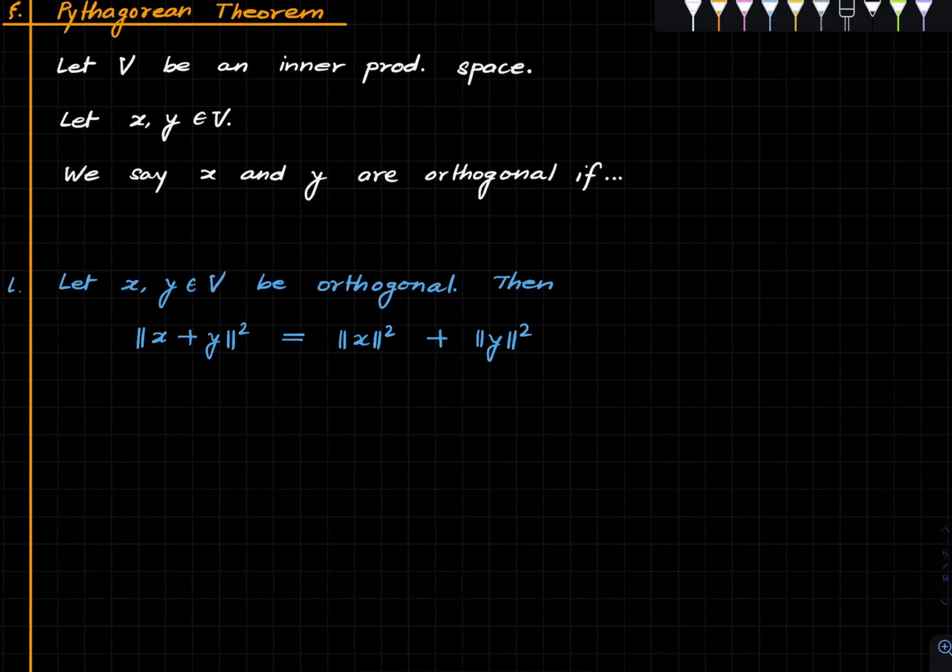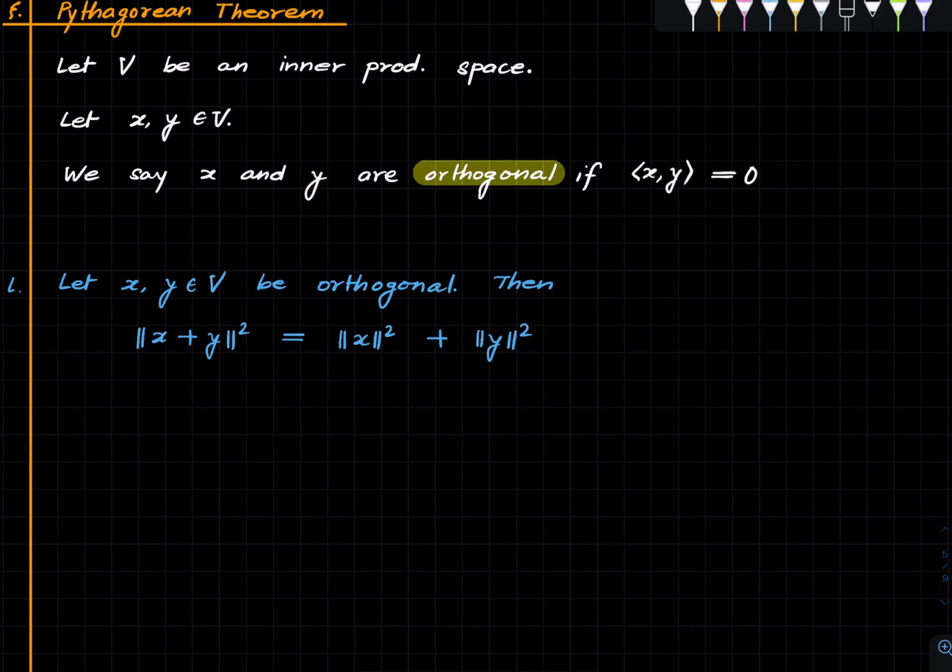Now for the Pythagoras theorem, or Pythagorean theorem. So again, we have an inner product space, doesn't matter if it is real or complex. Fix two vectors in it, x and y. Then we say x and y are orthogonal if x dot y is 0.